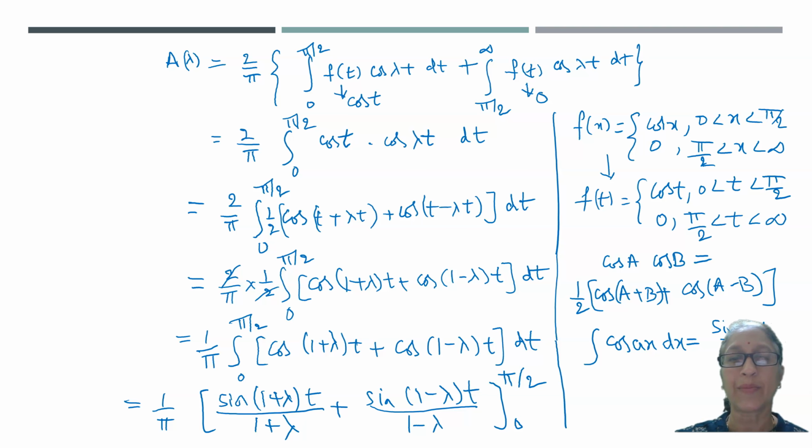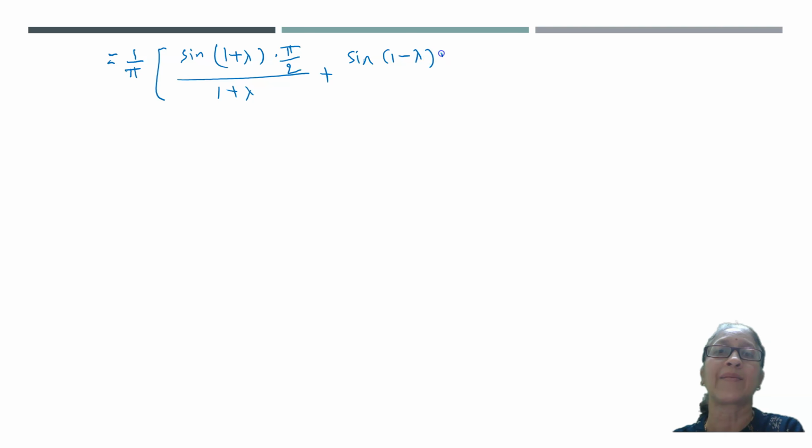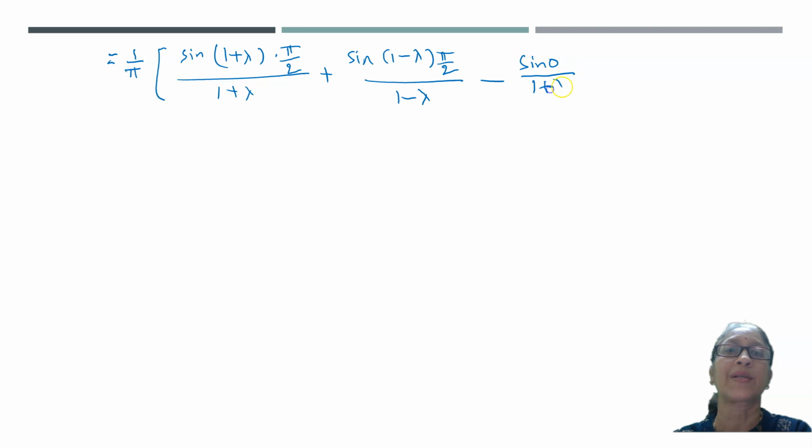First put t equal to pi by 2, then put t equal to 0. That is equal to 1 by pi times sin((1 plus lambda) pi by 2) upon (1 plus lambda) plus sin((1 minus lambda) pi by 2) upon (1 minus lambda) minus sin 0 upon (1 plus lambda) minus sin 0 upon (1 minus lambda).